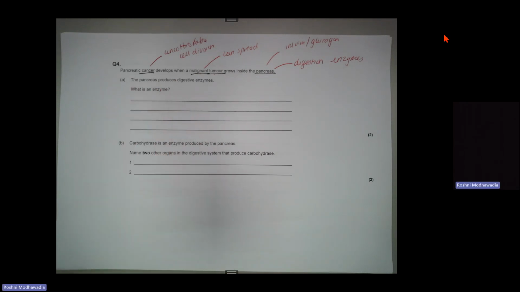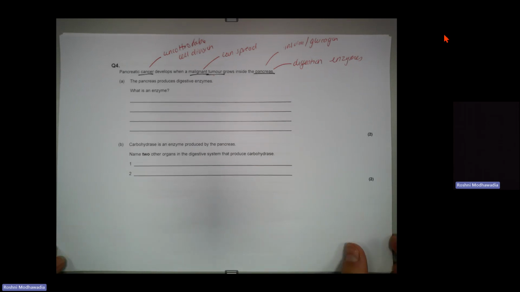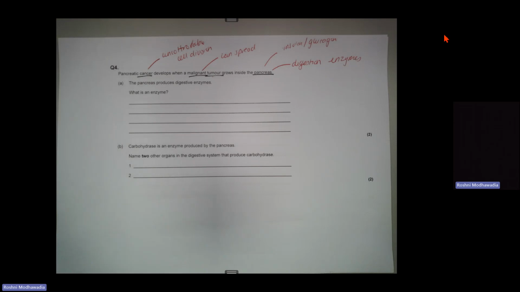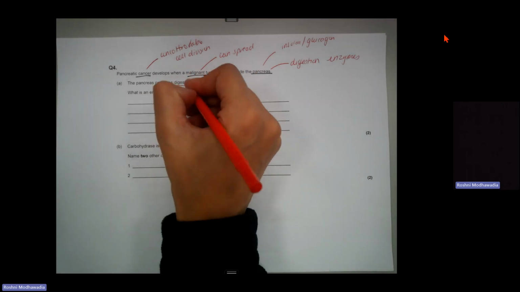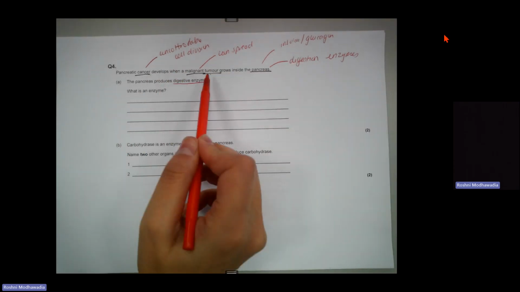When it comes to the question, we now need to pick the knowledge that is applicable to the question only. Often if we are just recalling this knowledge and writing it down, we're just doing a brain dump. We're not answering this question. So the pancreas produces digestive enzymes. Despite it talking about cancer and malignant tumor, we are interested in this aspect right now.